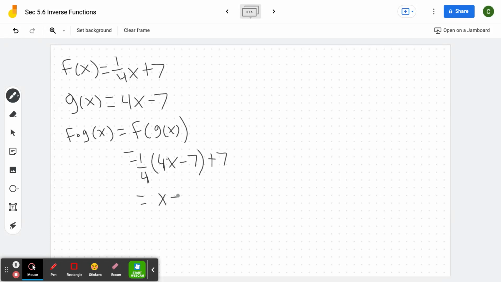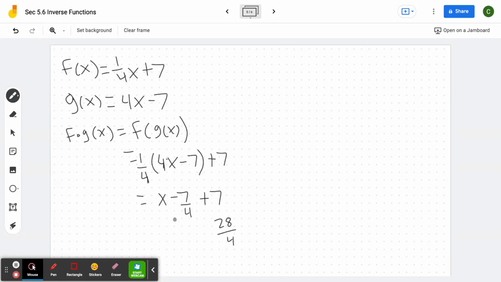minus 7. Ooh, error. Timeout, apology. 1/4 times -7 is going to give me -7/4. And now plus 7. Then I need to add these two fractions together, so I need to turn this into a fraction that has a 4 in the denominator. So that's going to be 28/4, multiplying top and bottom by 4.